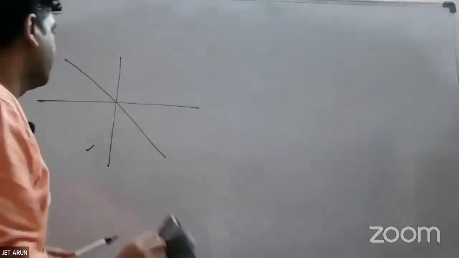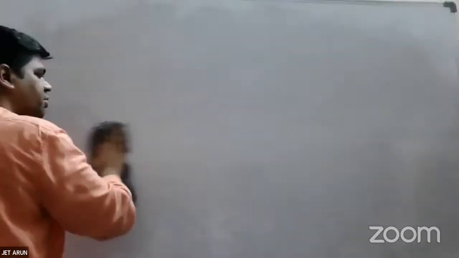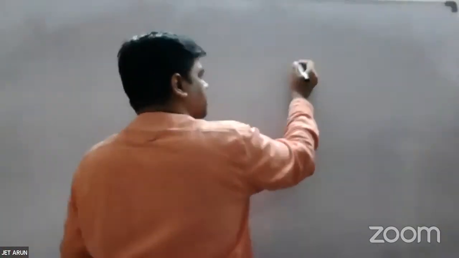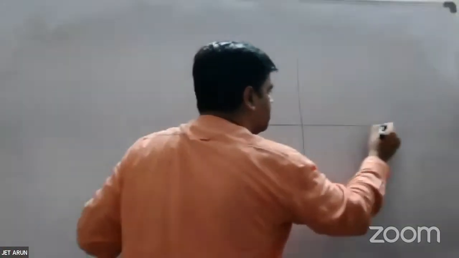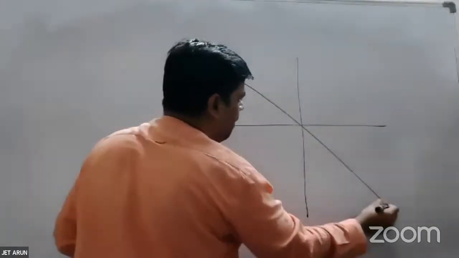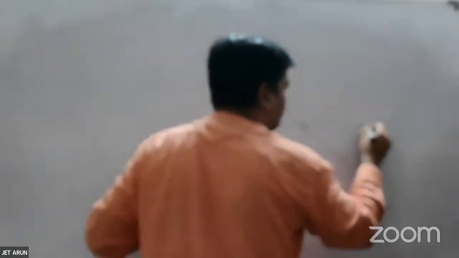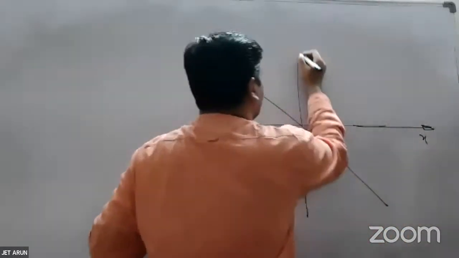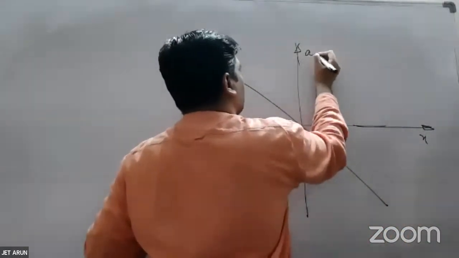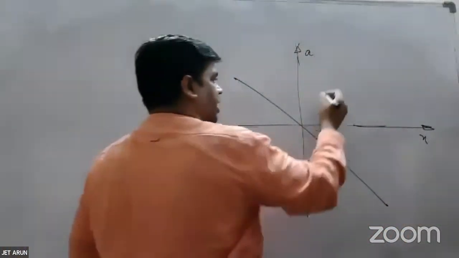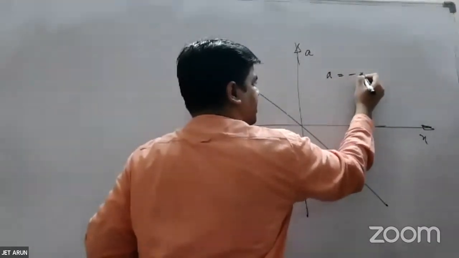All right, so let's do this. This graph, a is equal to minus x graph. It could be minus kx also, but for simplicity, I've taken a is equal to minus x.